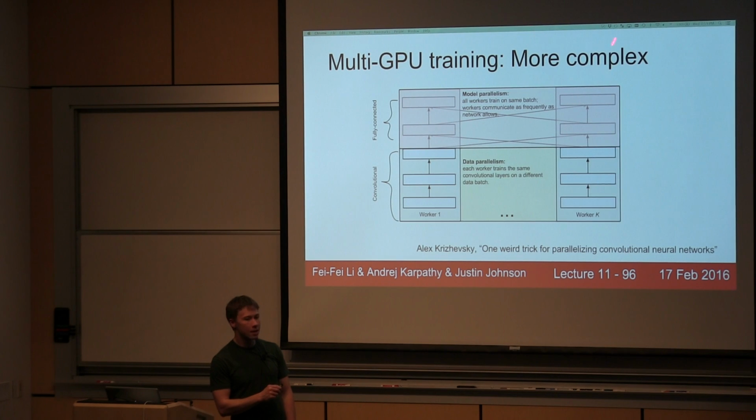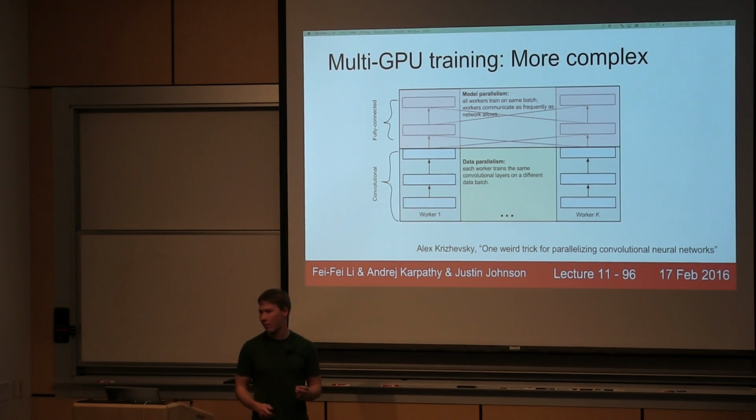But once you get to the fully connected layers, he found it's more efficient, because those are just really big matrix multiplies, to have the GPUs work together to compute this matrix multiply. So this is kind of a cool trick. It's not very commonly used, but I thought it's fun to mention.